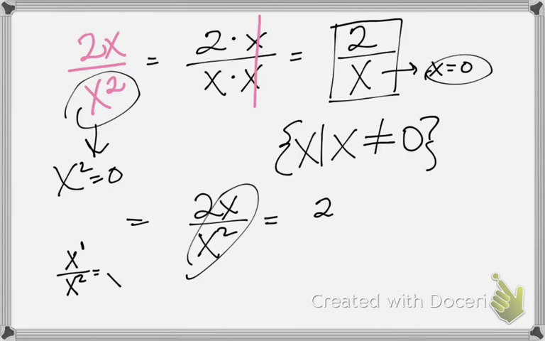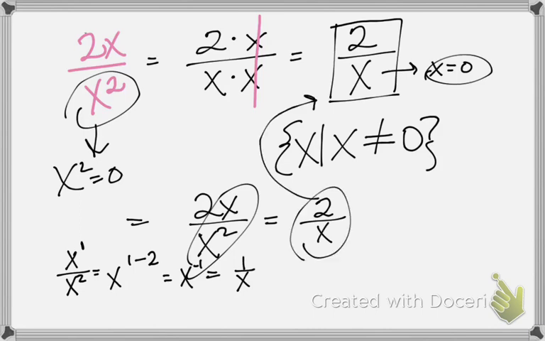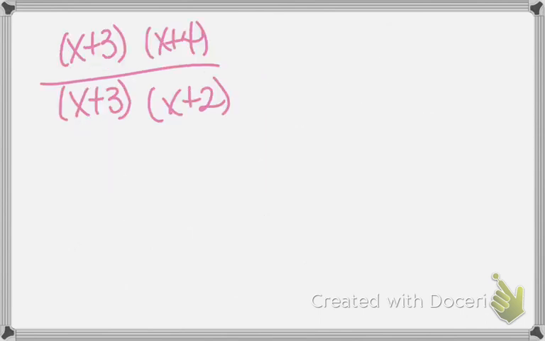And because we're dividing, it's technically subtracting our exponents, which gives us 1 minus 2, which is the same thing as negative 1, or 1 over x, because you can't have a negative exponent, you have to put it in the denominator. So either way, we end up with the same answer as what we had up here. So I just wanted to show you those two different ways, and then let's do some that are a little bit more complicated.